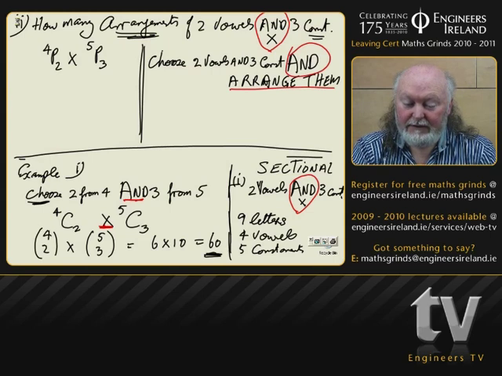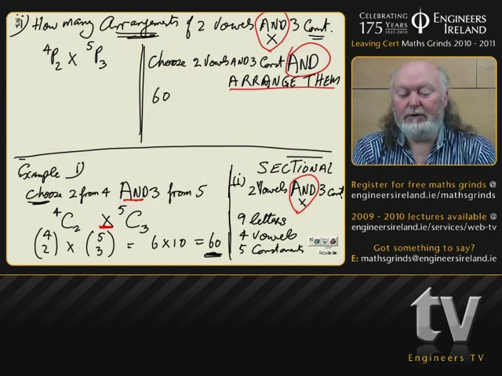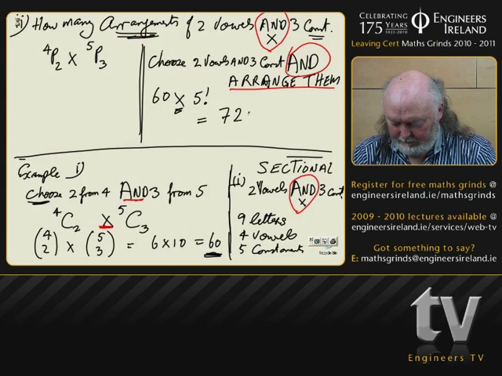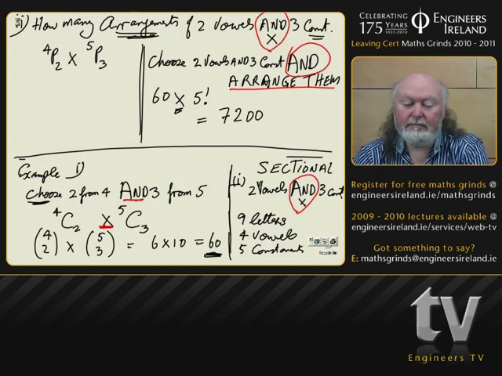So we already had 60 multiplied. We're using multiply because it's and. So then, isn't it interesting how when the order doesn't matter, we've a choice of 60. When the order does matter, it blows up to 7,200. Well, that's still not too difficult to work out.